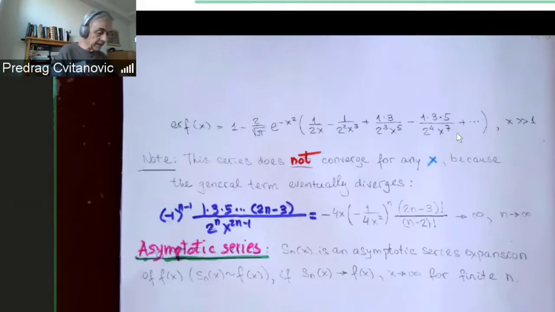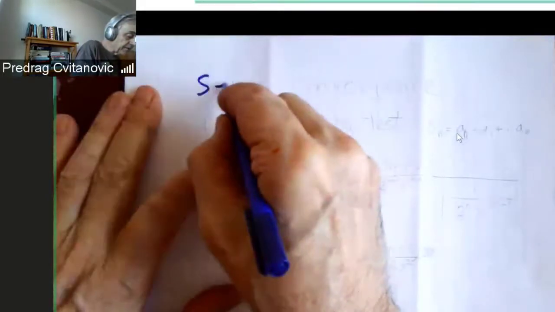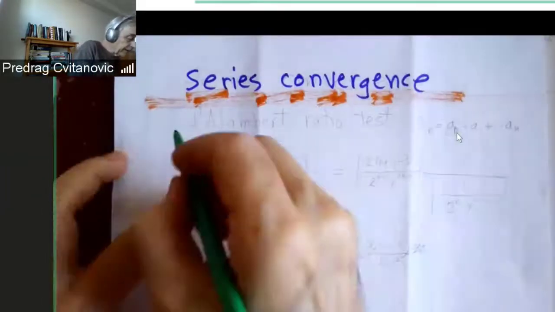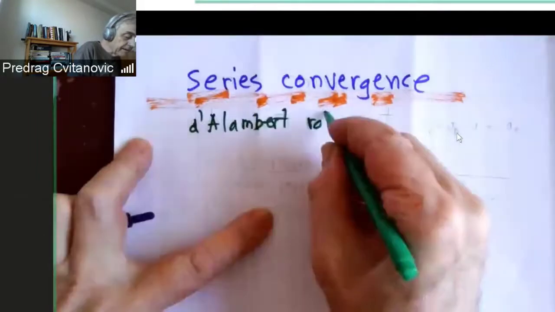I don't remember whether I said this particular thing, but you have various tests on convergence of series. One of the tests is called the d'Alembert ratio test.